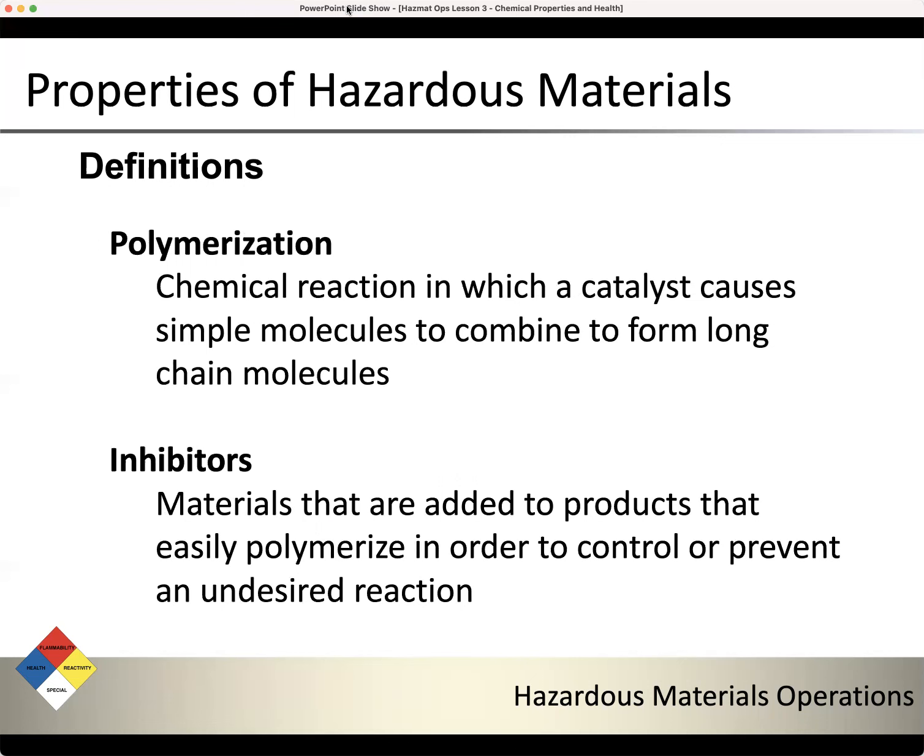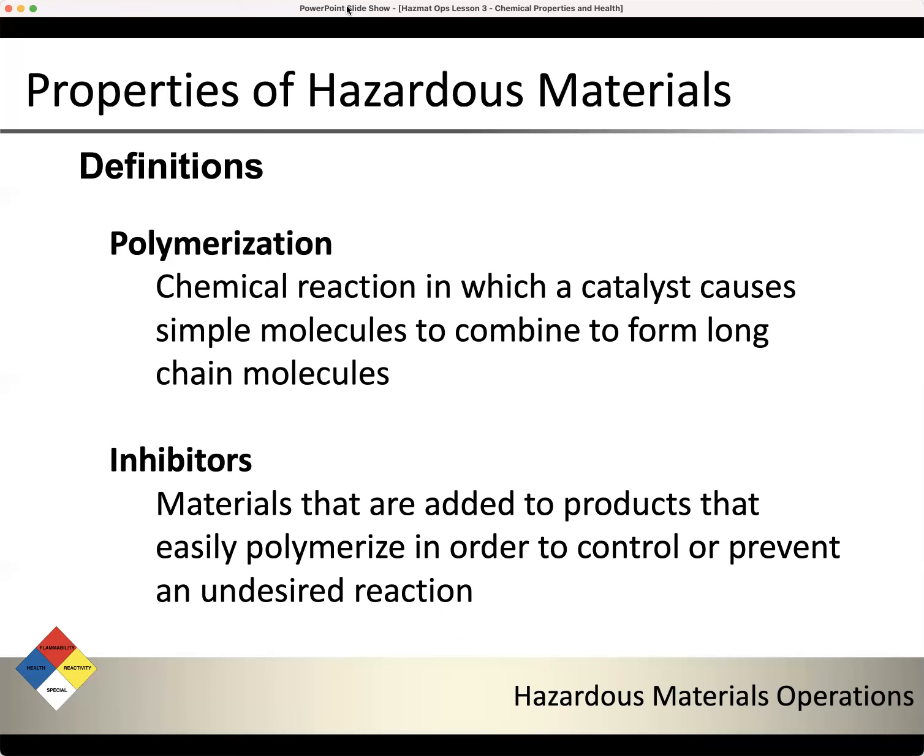Polymerization is a chemical reaction in which a catalyst causes simple molecules to combine to form long chain molecules. If that happens slowly, no big deal. When it's a danger to us, it happens rapidly, and usually involves high pressures and high temperatures. That's when it's bad.